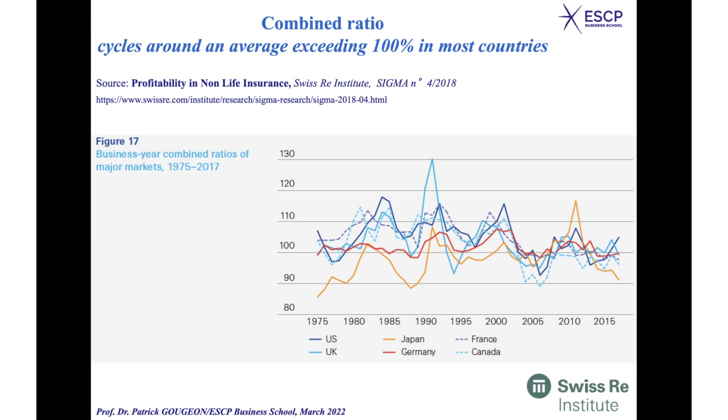Why is it lower in Japan, for instance? Well, there are two reasons for that. The first is that competition is not that tough in Japan as far as the insurance activity is concerned. It was typically true before the 90s.